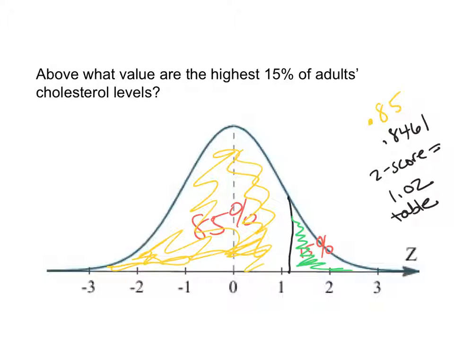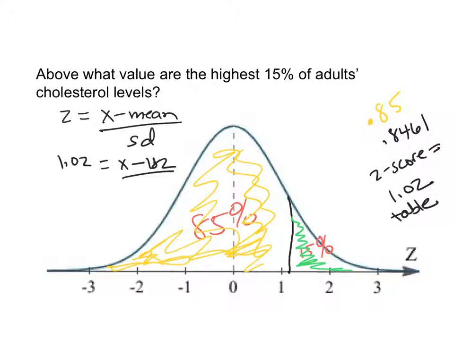So again, I'll work my z-score formula backwards. Z-score equals x minus the mean divided by the standard deviation. So 1.02 equals x minus my mean, which again is 182, divided by my standard deviation, which is still 21.